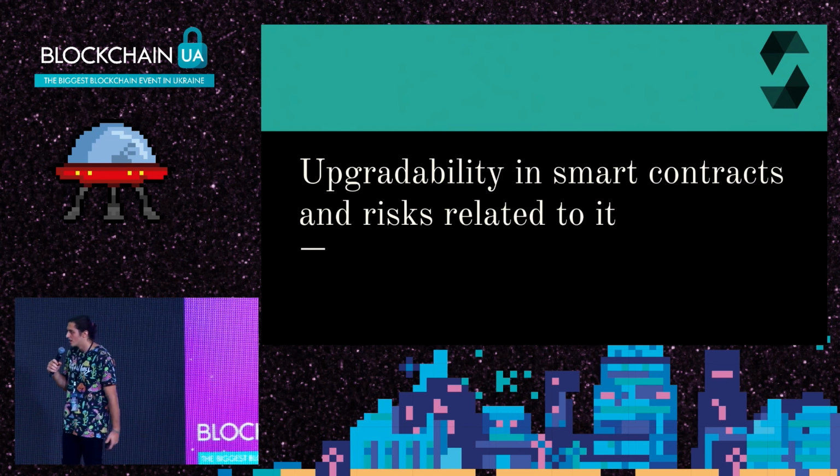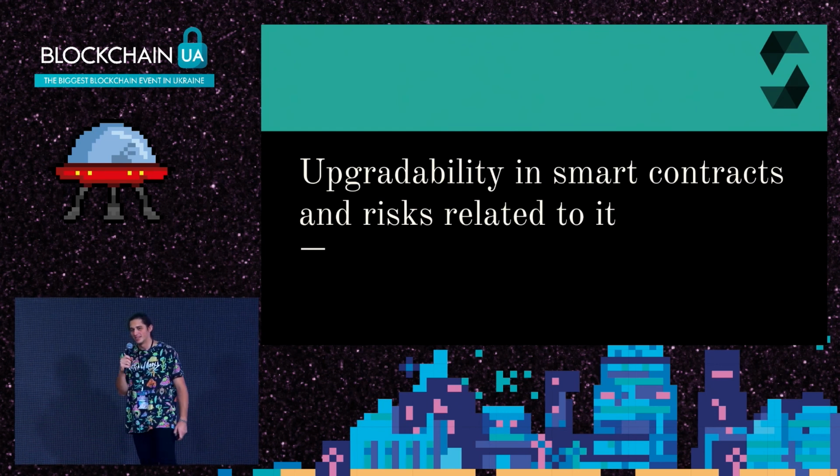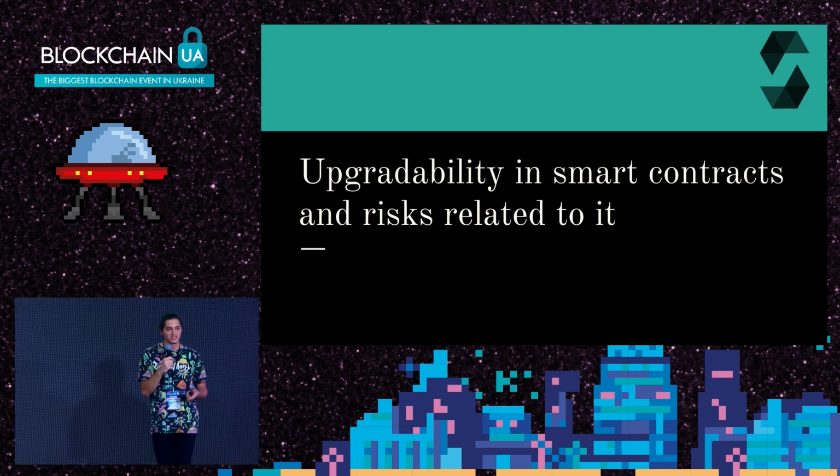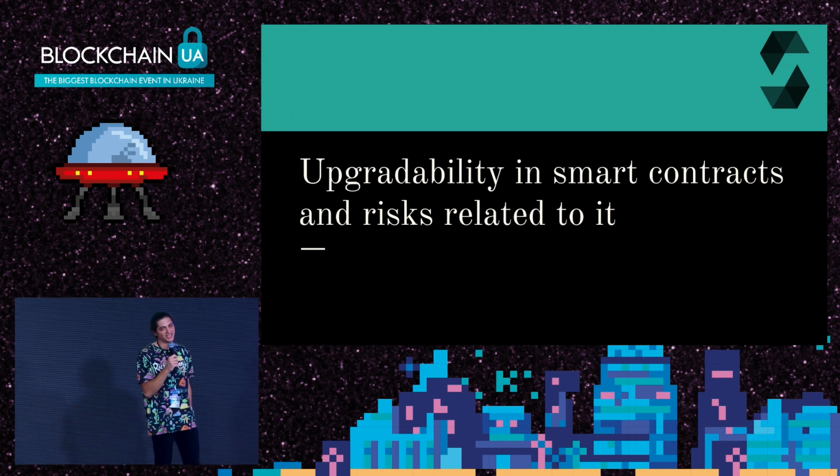And I say yes, we can, but you cannot upgrade version 1 to a completely different version 2 just using upgrades, because upgrades are super risky. You cannot just take all the code and exchange it for another. That's not going to work.